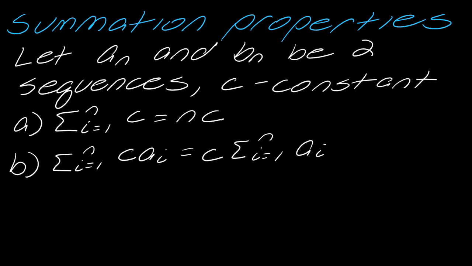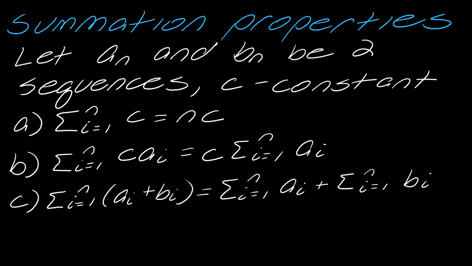Next, if I have some summation from 1 to n of a constant times that sequence, you can actually just factor the constant out of this and focus just on figuring out the terms of your series. This is really handy, and I'll show you why in a few minutes.